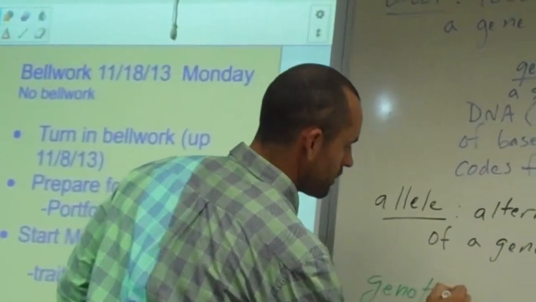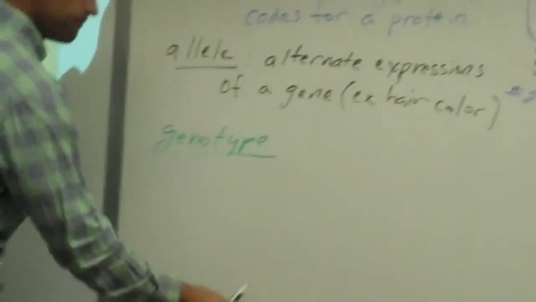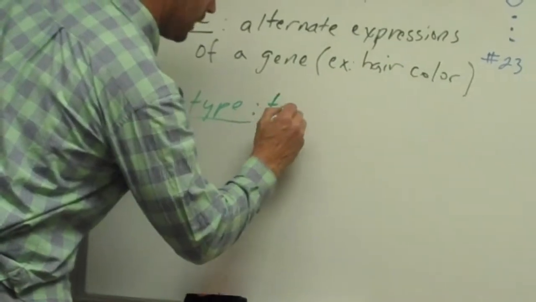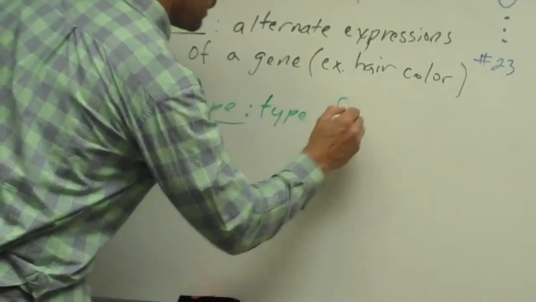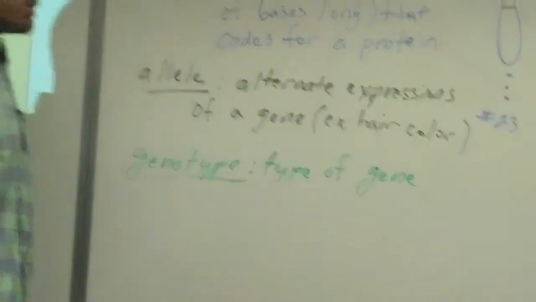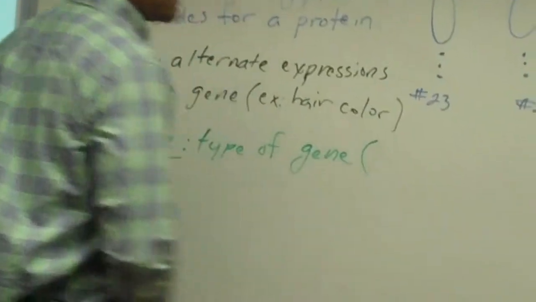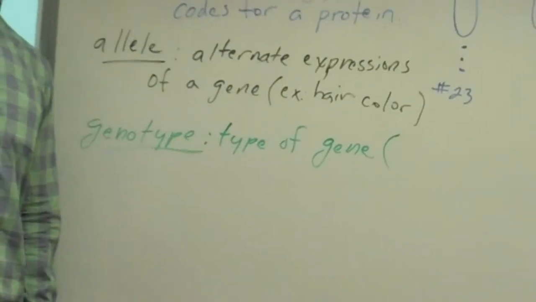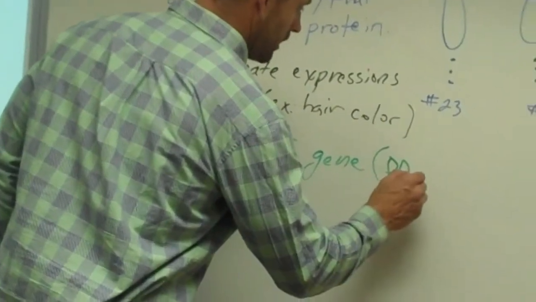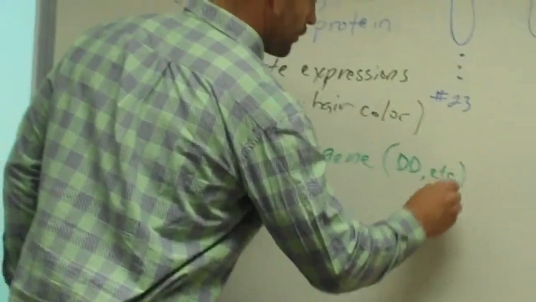Any guesses on what the word genotype means? Type of gene. It's really easy. And so we'll actually use letter designations for that. Today, depending on what your genotype is, you might be using big D, big D, or little d, little d. So there are different versions of the genotype.